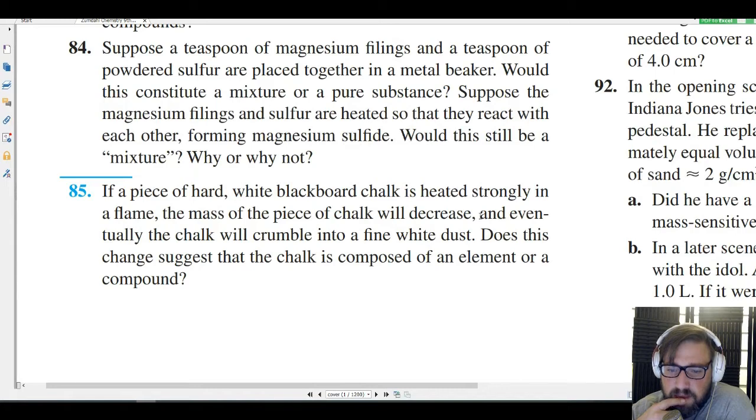That means there must be something in the chalk that turns into a gas when heated, and something that turns into ash, that fine white dust, when heated. Since the chalk is made up of two separate things, that means it's a compound. It's not the same thing. Okay.